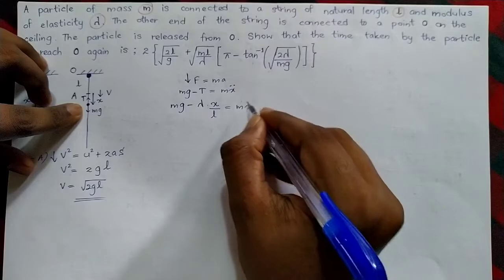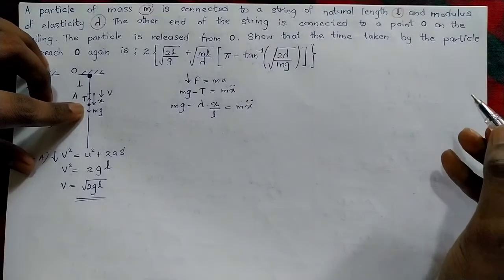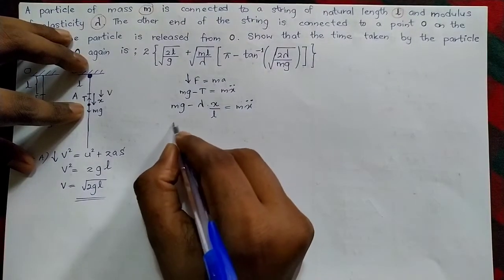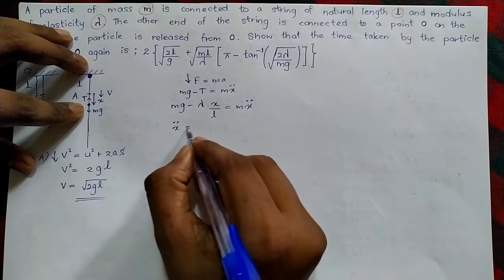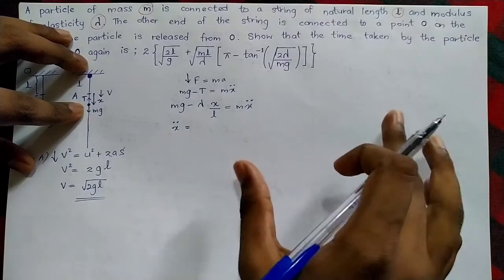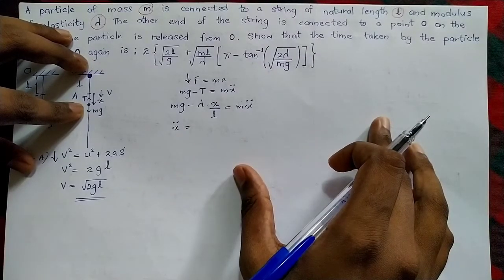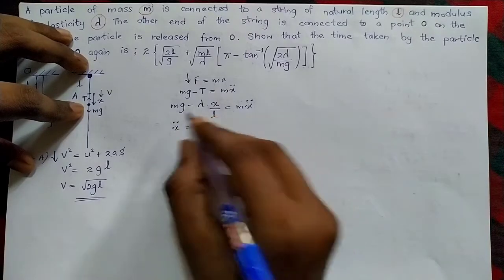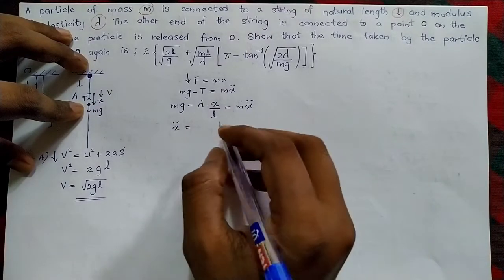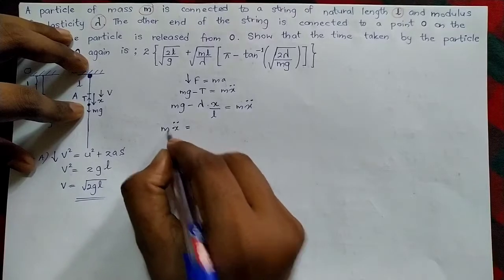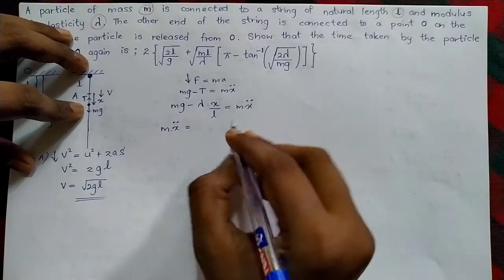equal m x double dot. Now I have to make x double dot the subject and take that constant, angular velocity constant, omega square out from these two. Here we have m. I will write that here in this step.